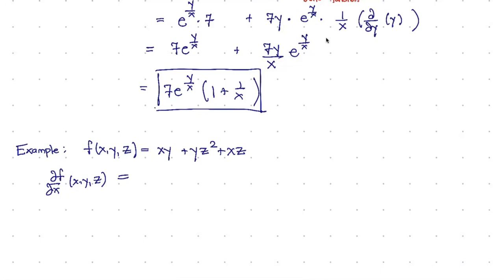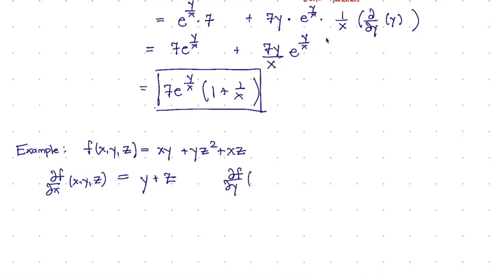And so in applying my derivative, I would take the derivative of the first term, treating y like a constant, would just give me a y. The second term in the expression doesn't have an x in it, and so this would be 0. But the third term has an x, and z in this case would be treated as a constant, so the derivative of x is just going to be 1, so you get 1 times z, which is z.